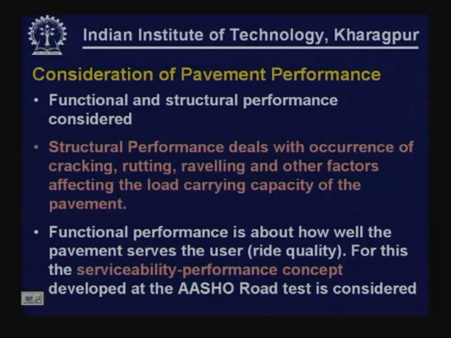So, we consider all those parameters that indicate the damage caused due to application of load, that indicate the structural deterioration of the pavement, and also we consider different parameters that influence the structural capacity of the pavement.